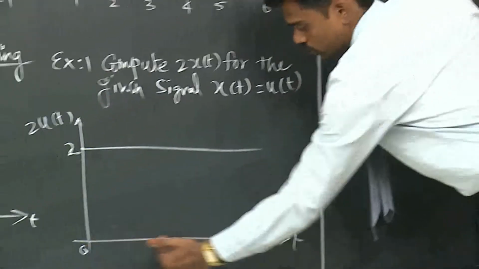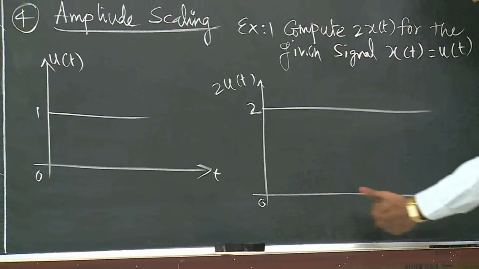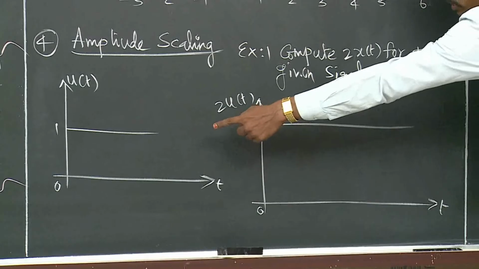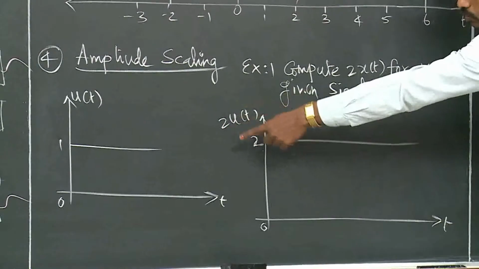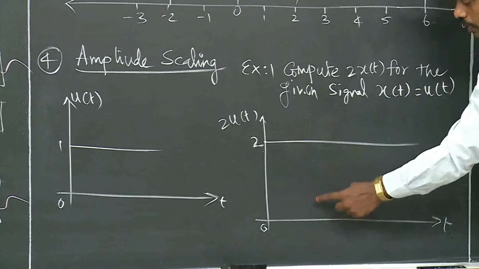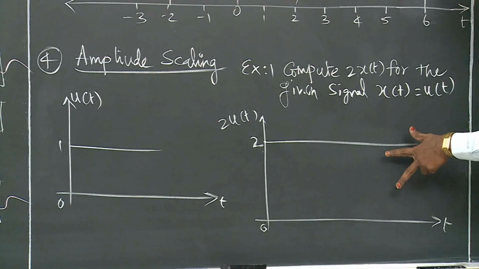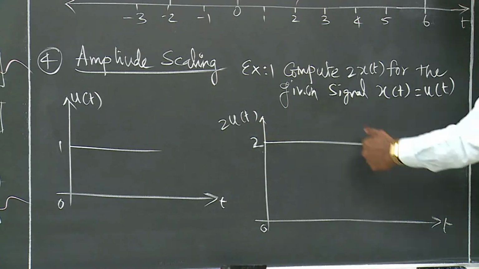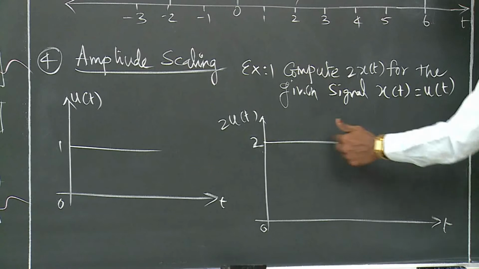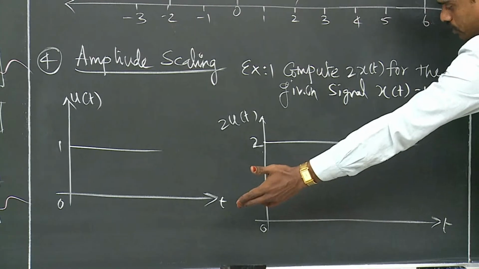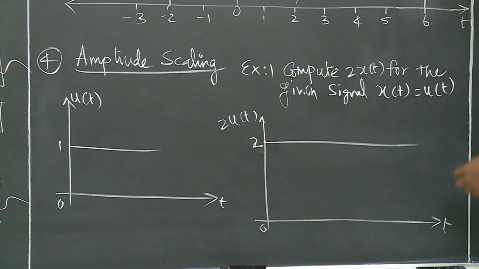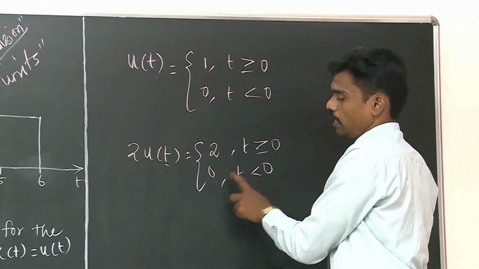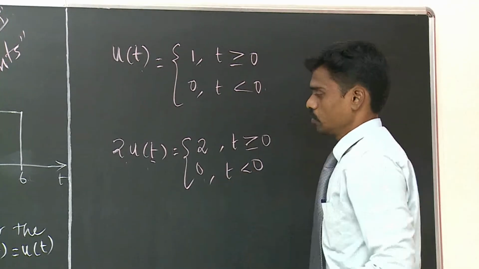That means for positive values, the step value is 2. In the given signal, the step size is 1. Here I have amplitude scaled with a factor of 2, so the step size is increased to 2. For the negative limit, the signal takes 0 value for t less than 0.